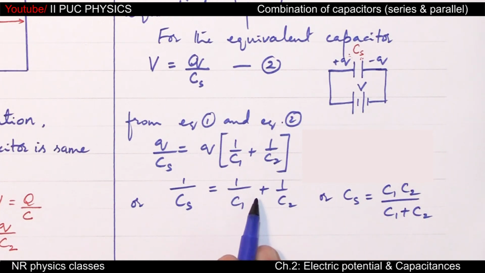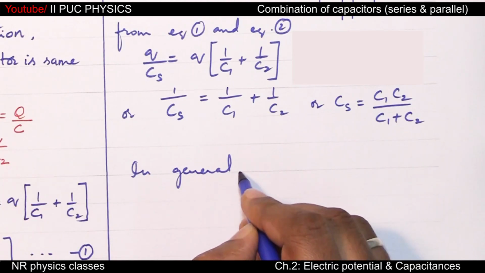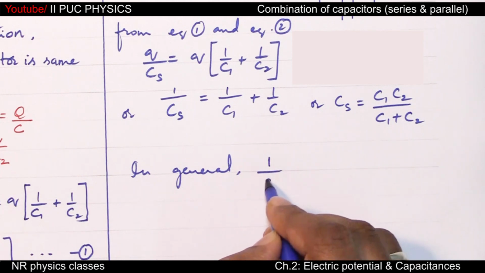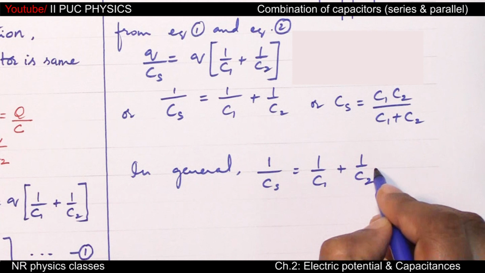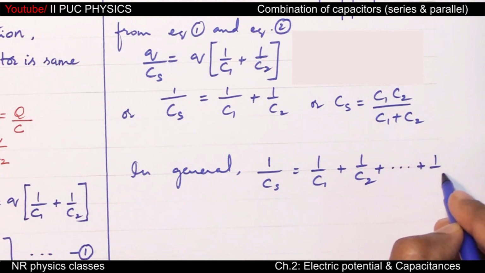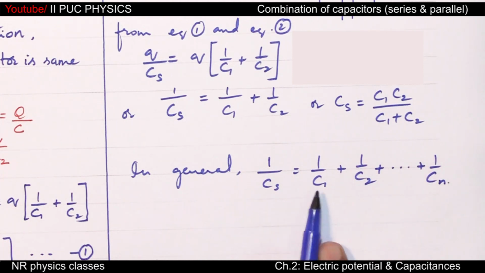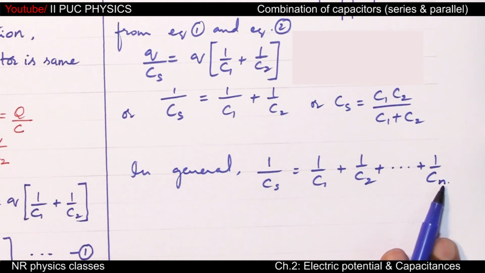Take LCM, simplify. CS equal to C1 C2 by C1 plus C2. In general, 1 by CS equal to 1 by C1, 1 by C2, etc., plus 1 by Cn. This is for n capacitors connected in series.